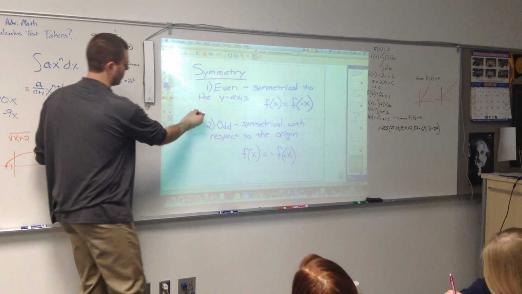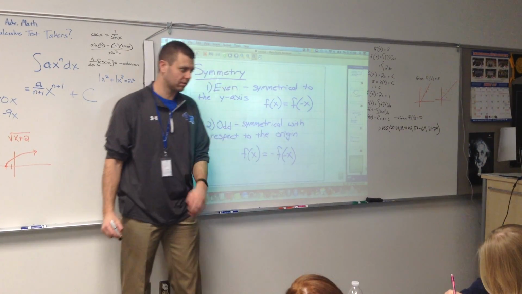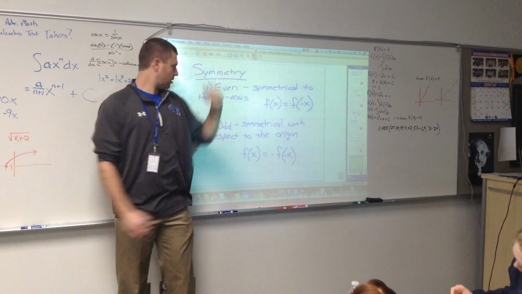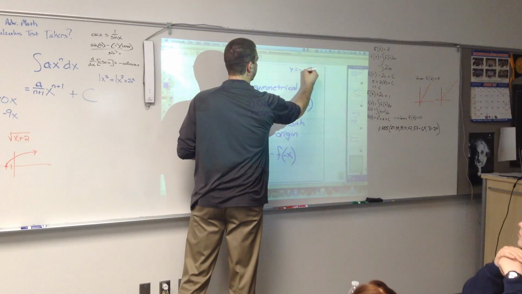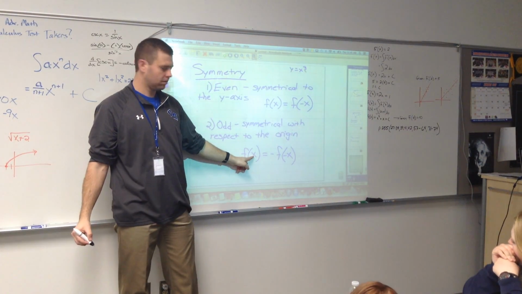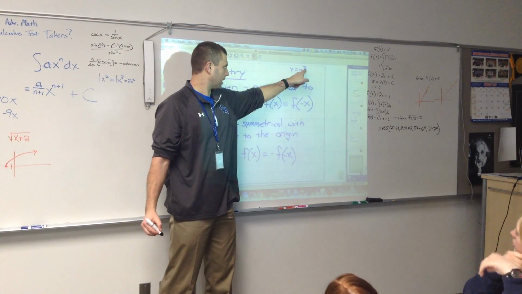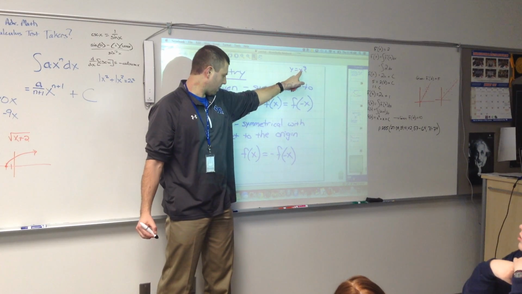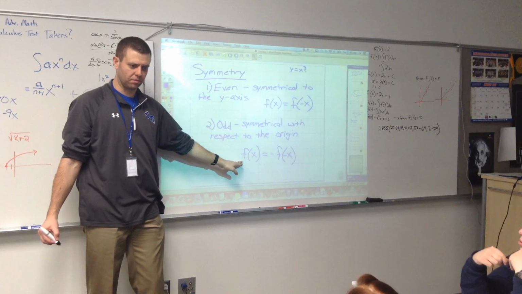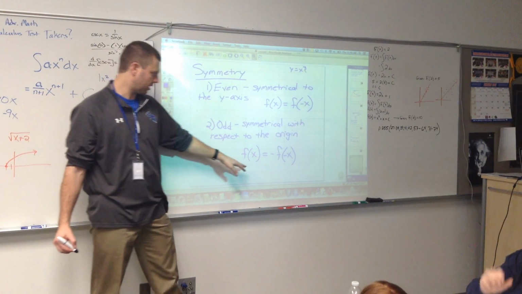Excuse me, no, I wrote that wrong. F of x is equal to the opposite of f of negative x. So when I plug in a 2 into y equals x cubed, I get 8, right? What if I plug in a negative 2? What do I get? Negative 8. But then I do the opposite of that, it would equal what I started with. Okay? My fault on that first one, guys.